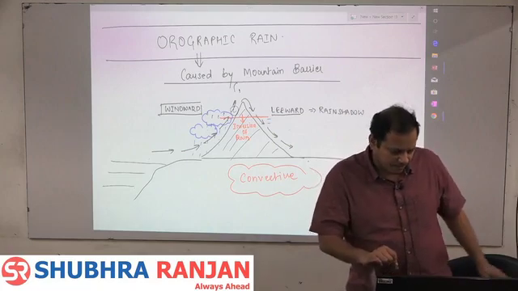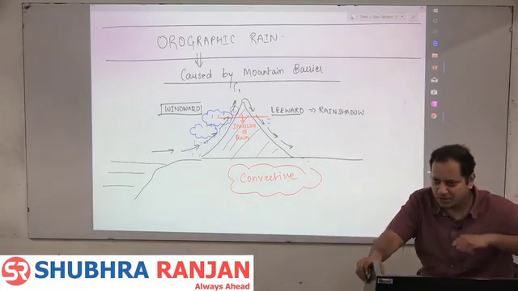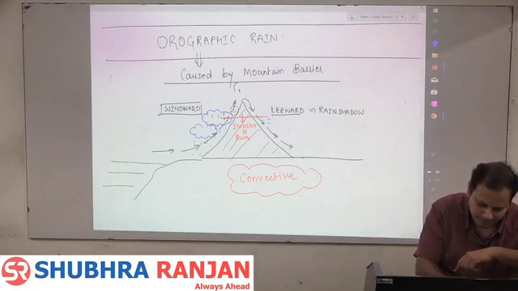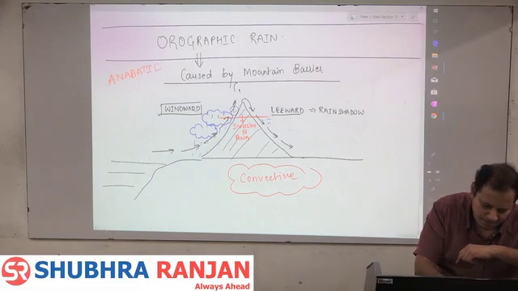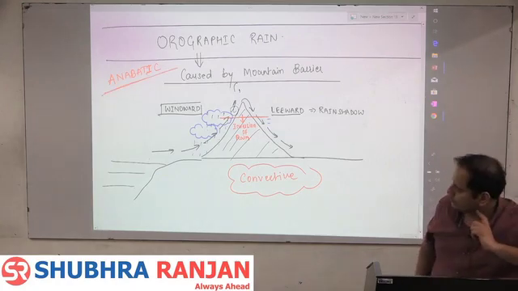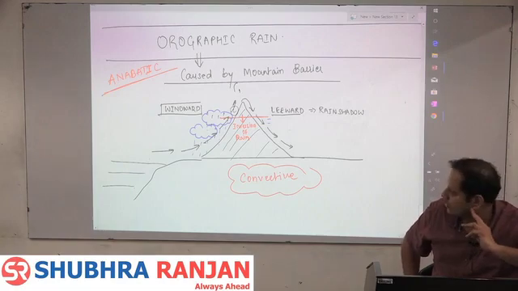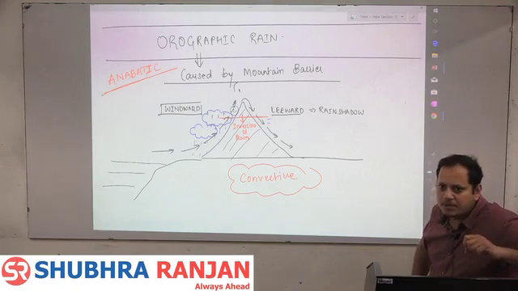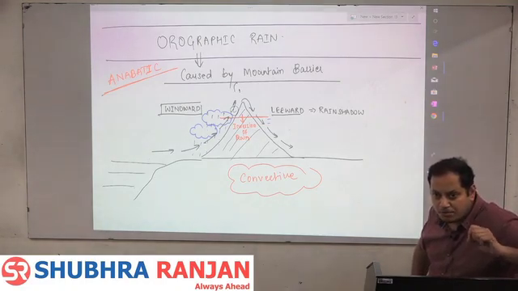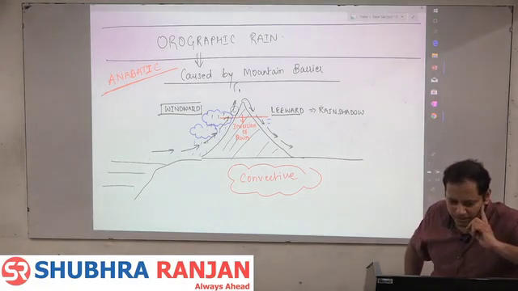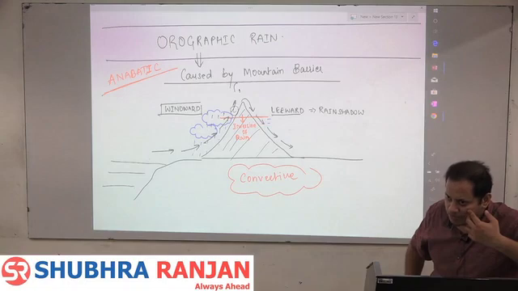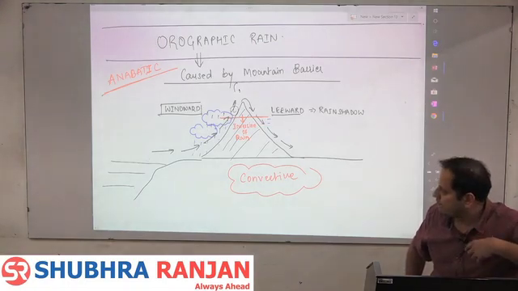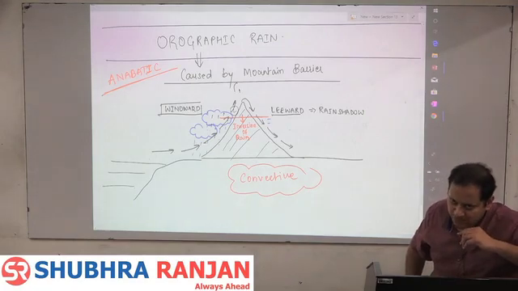The daytime heating causes anabatic, which means up the slope, upslope valley, upslope mountain breeze, which gives rainfall.